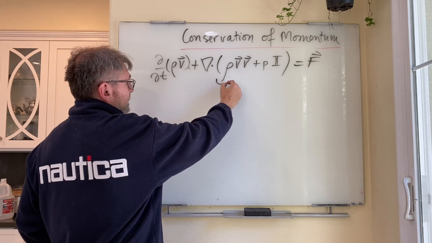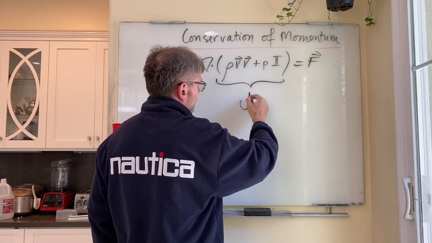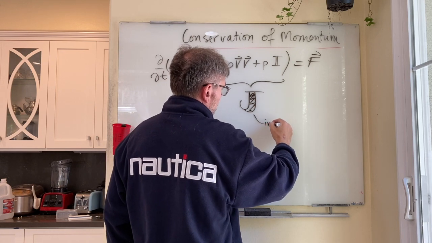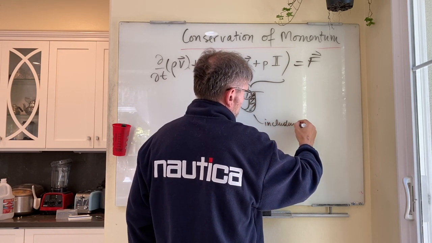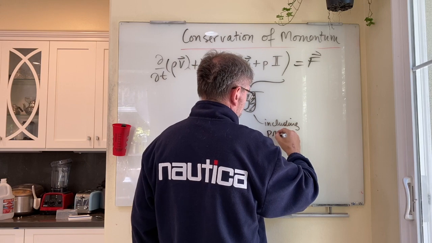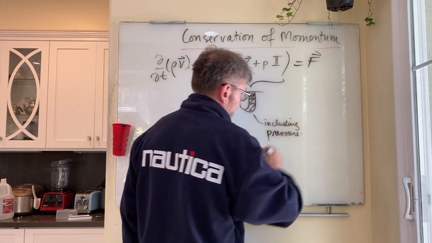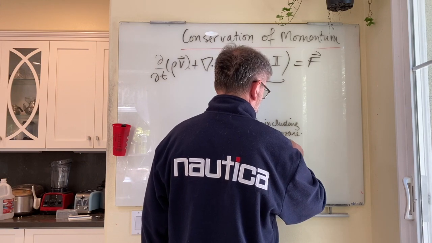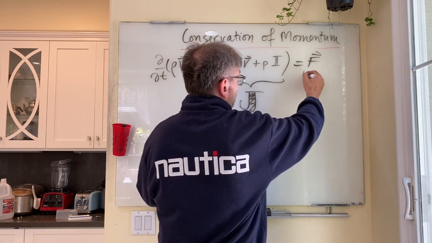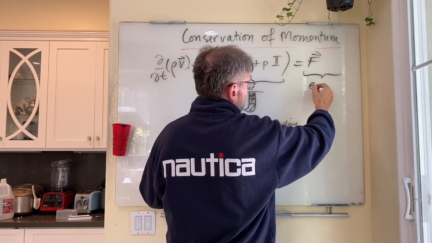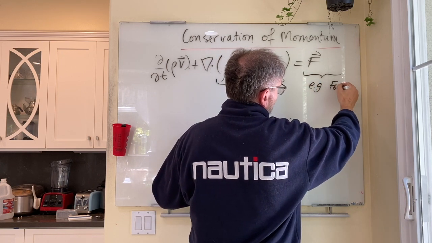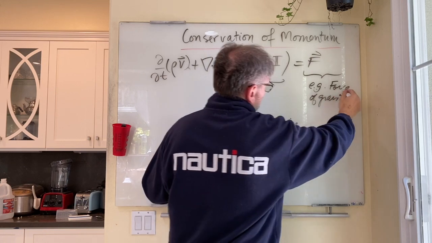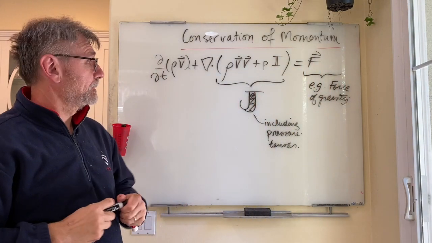So this business here is this big J, including the pressure tensor. And this is the remaining forces, for example the force of gravity, and maybe some other forces that we may have in the fluid.